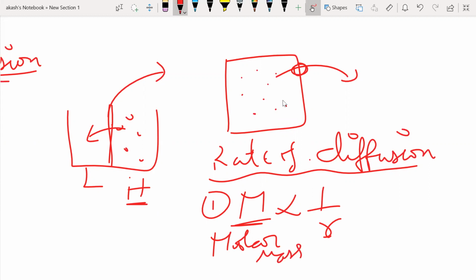Say if I have hydrogen gas and oxygen gas, which is going to move faster? Hydrogen. It's simple, right? Hydrogen has a molecular mass of 2, oxygen has a molecular mass of 32. So definitely the one with lower mass moves faster. Okay, that's about the first point.